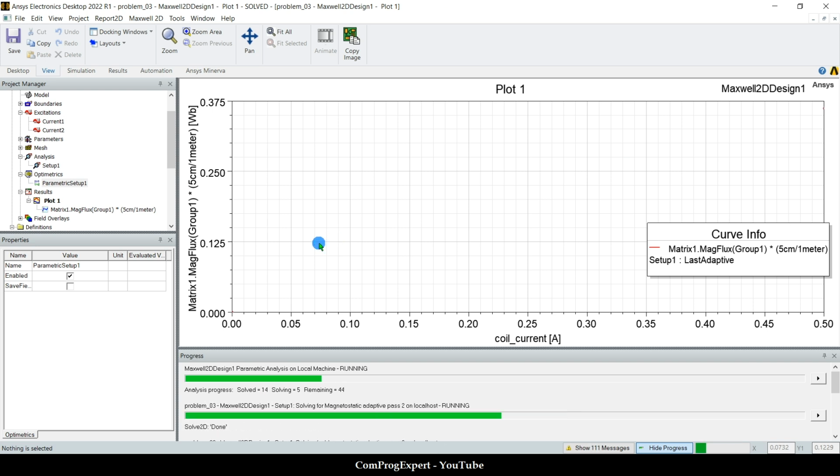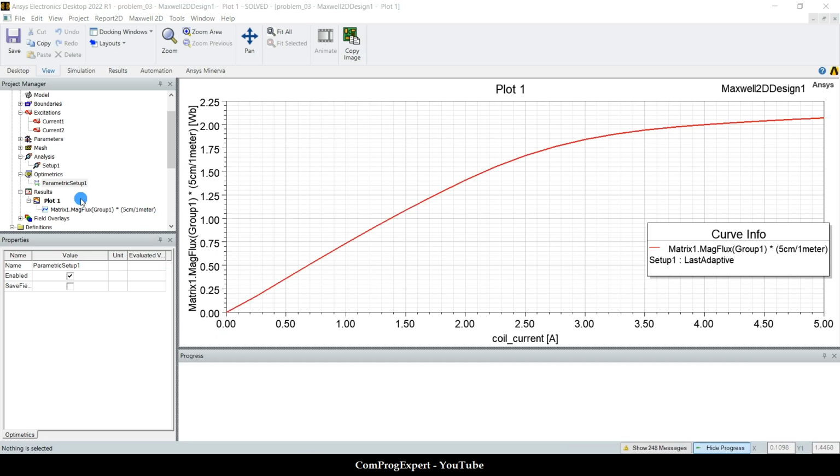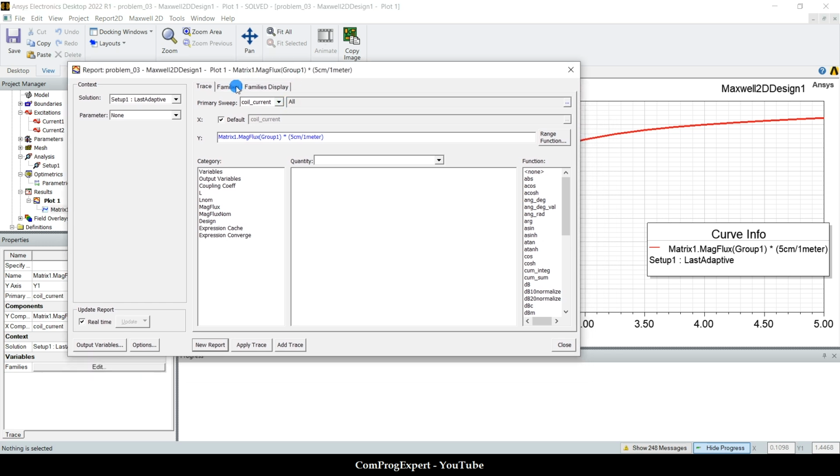This is an important simulation, and you will see how we use this simulation to calculate the value of the force, the average value of the developed force in a magnetic structure. So, simulation completed.